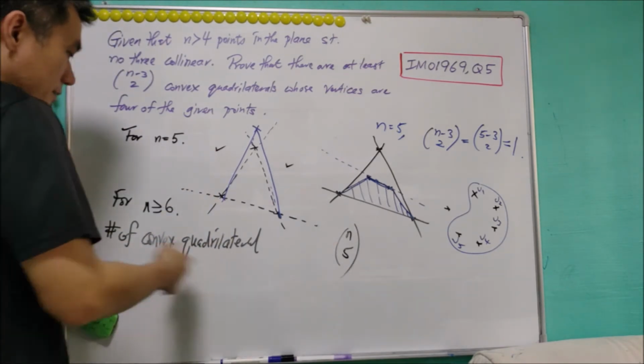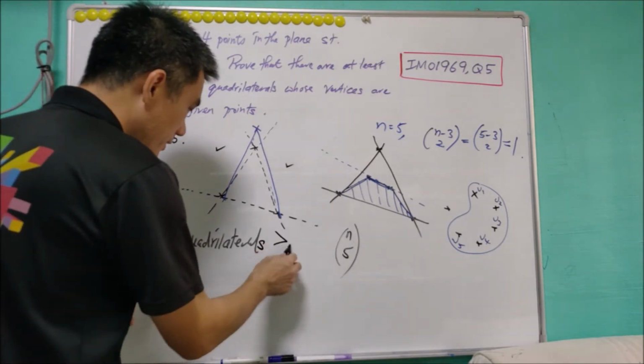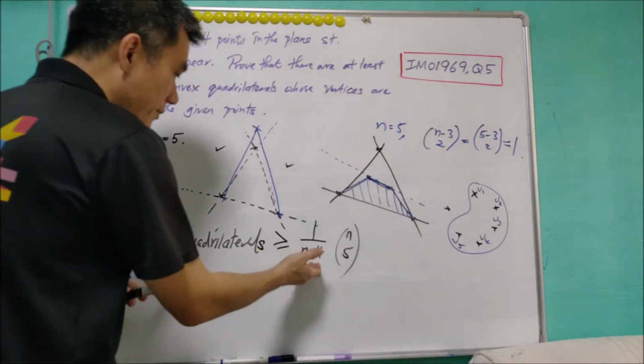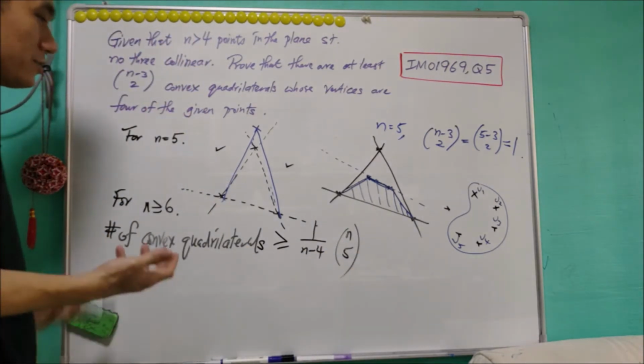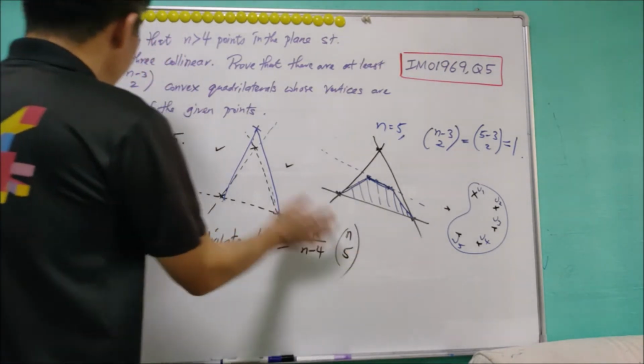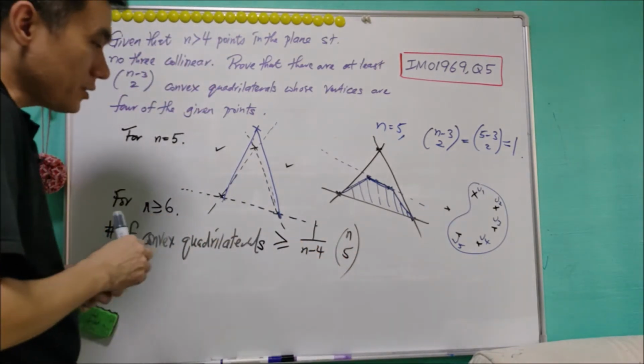So the number of convex quadrilaterals will be greater than or equal to 1 over (n minus 4) times (n choose 5). Our task now is just to prove that this value is greater than or equal to (n minus 3 choose 2). And this is not difficult.